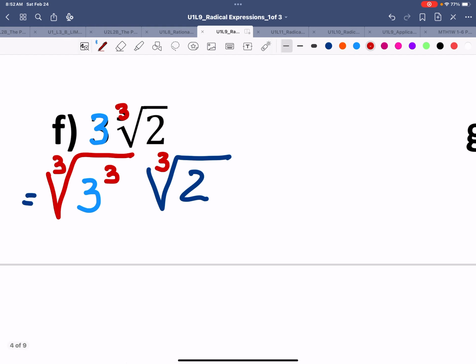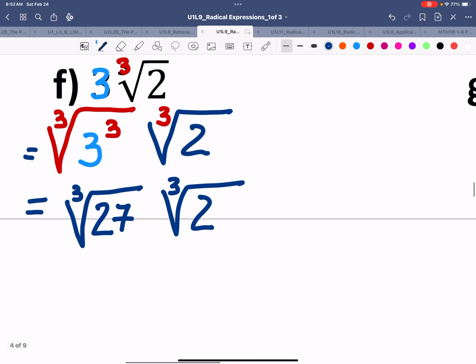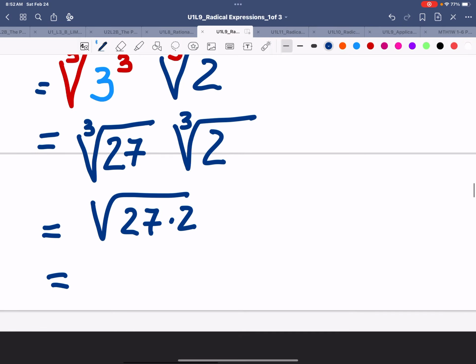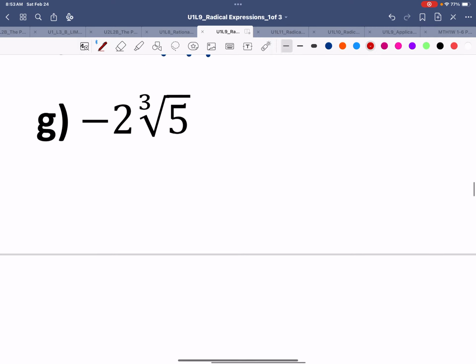So this would be equal to the third root of 3 to the power of 3, or the third root of 27, multiplied by the third root of 2. That equals the third root of 27 times 2, and 27 times 2 is 54. Before you finish the question, make sure that you have checked all the indices and that they're right and they're there.